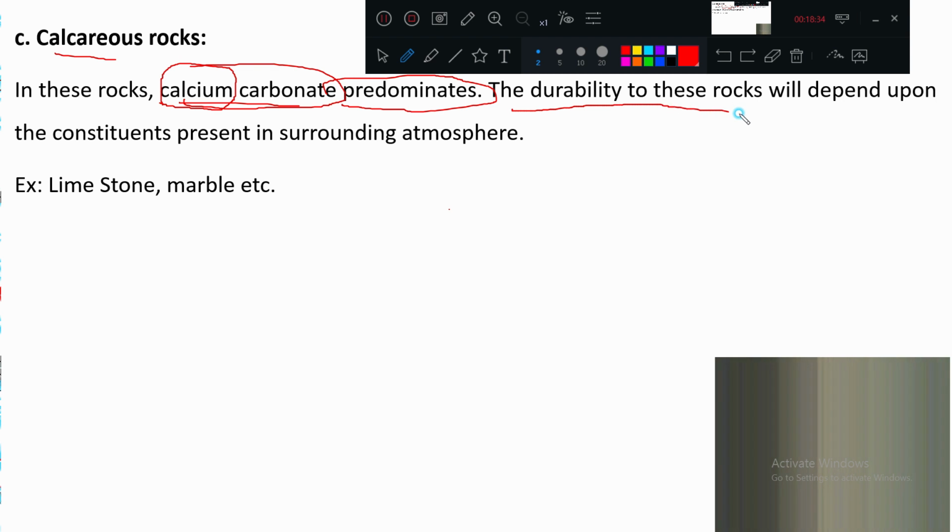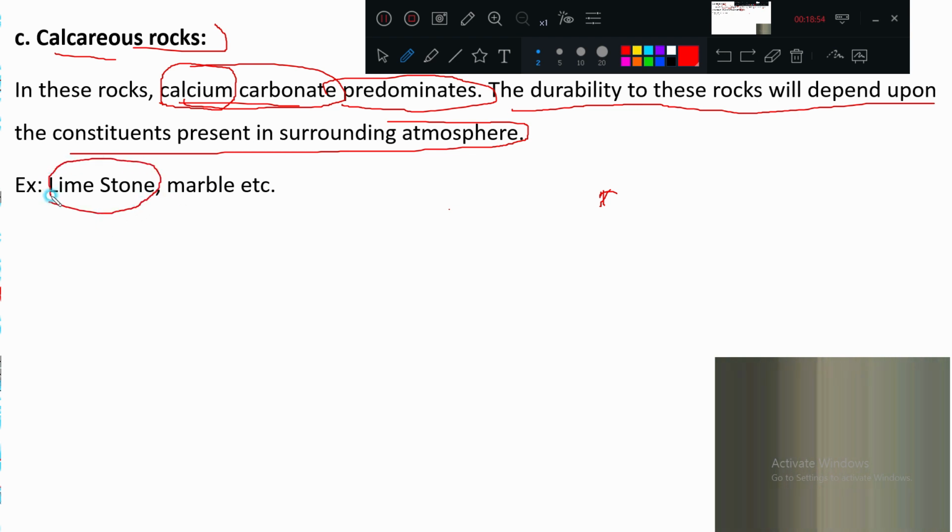The durability of these rocks depends upon the constituents present in the surrounding atmosphere. What will happen if rain continuously affects these types of rocks? The calcium carbonate will get dissolved. Examples are limestone and marble.